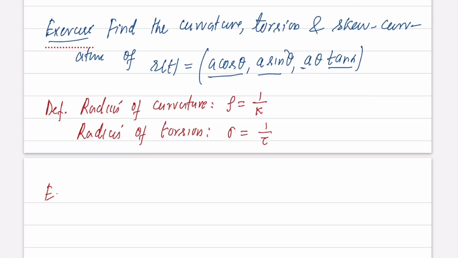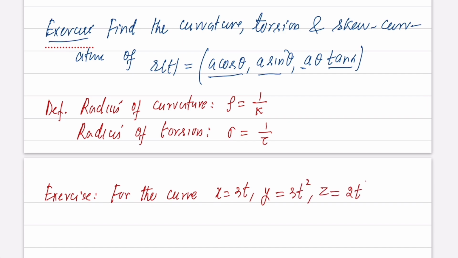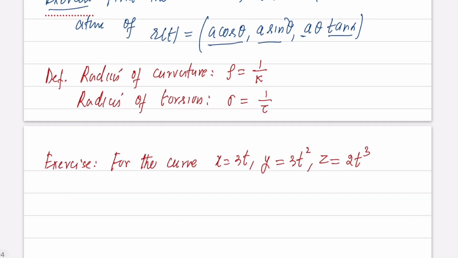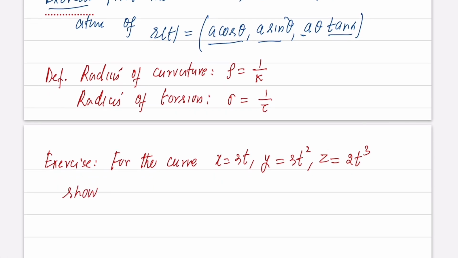Now let's take up one more exercise here. For the curve x equal to 3t, y equal to 3t square, z equal to 2t cube, show that the radius of curvature is equal to minus the radius of torsion, and this is equal to 3 by 2 into (1 plus 2t square) whole square.